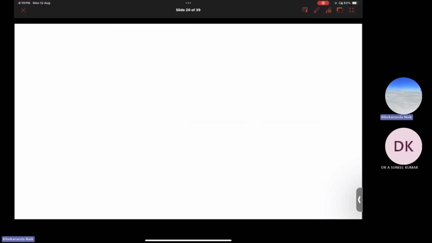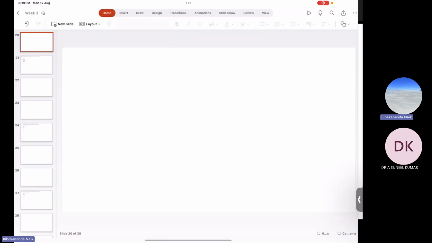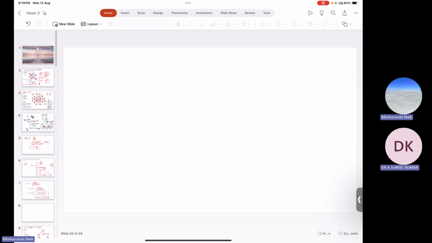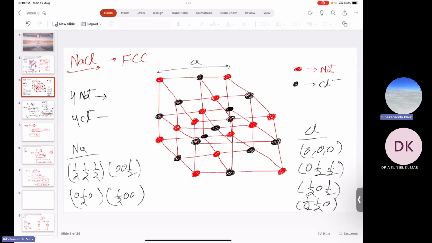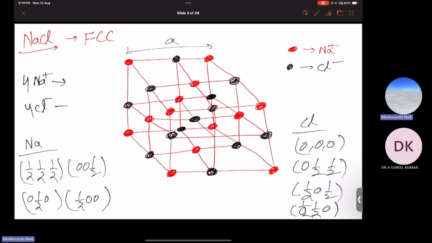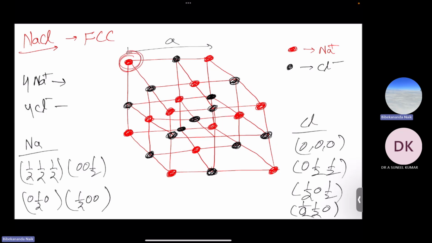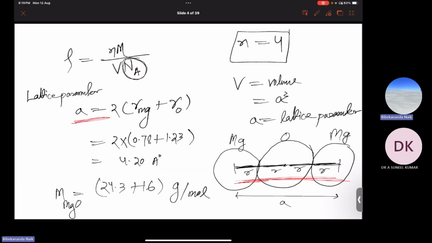That's why if you see here, we just displaced half. So this is one atom, and then it is displaced by half. You understood? Yes, I understood.